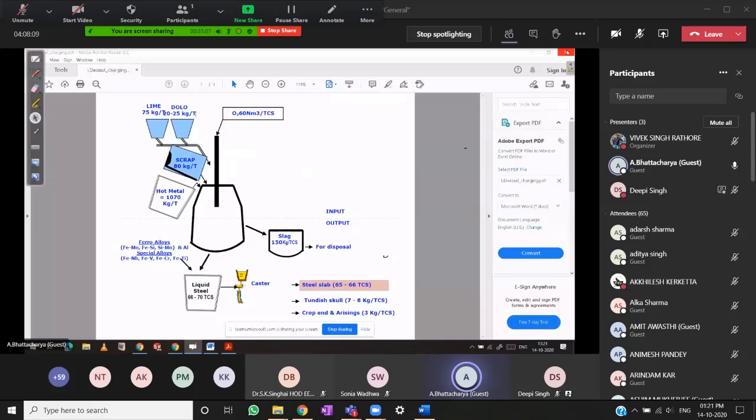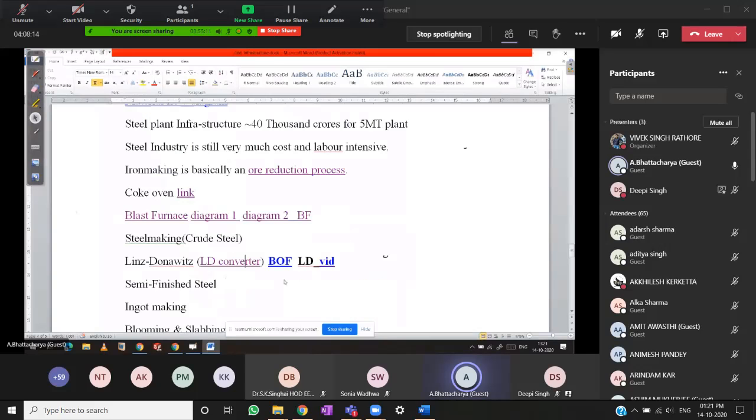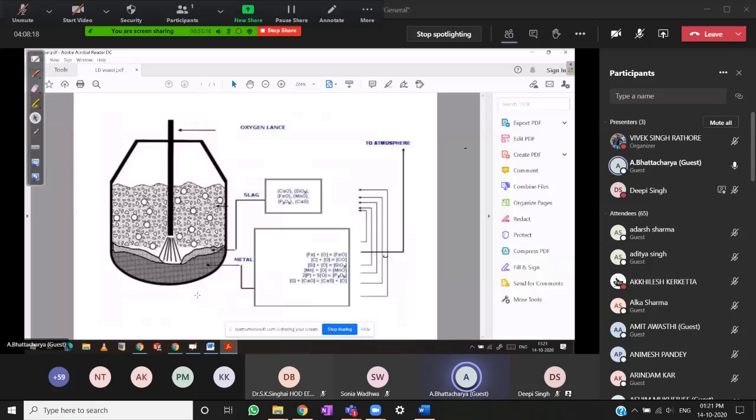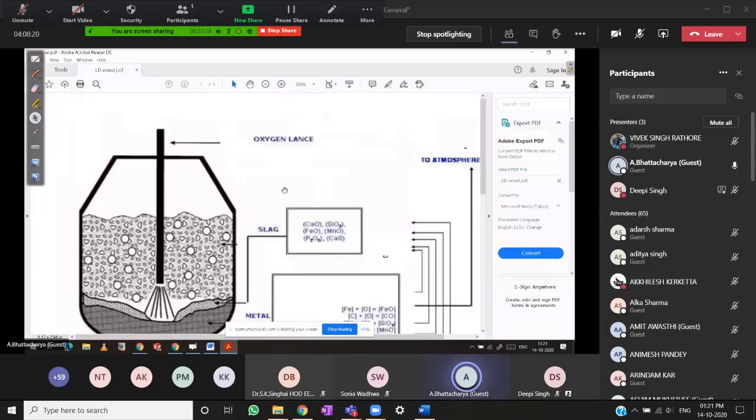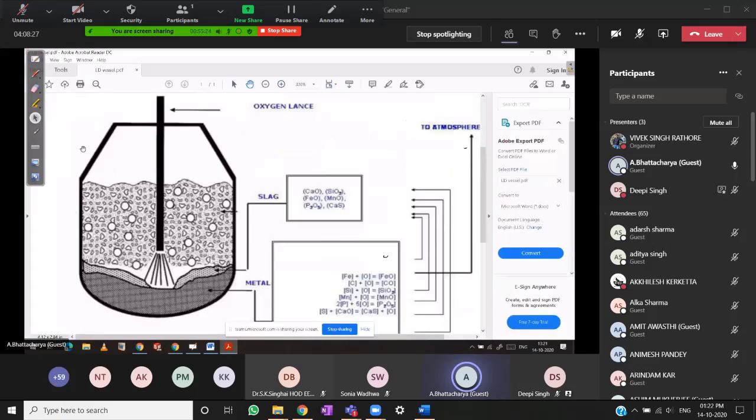Now, I will show you another link. These are the chemical reactions which take place. This is the vessel in which the hot metal is poured, and oxygen is blown through it.